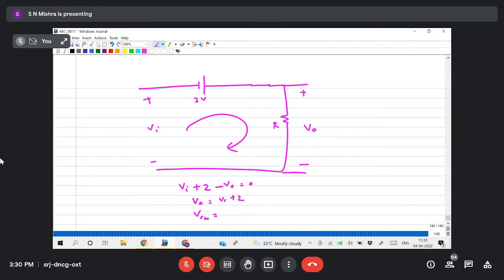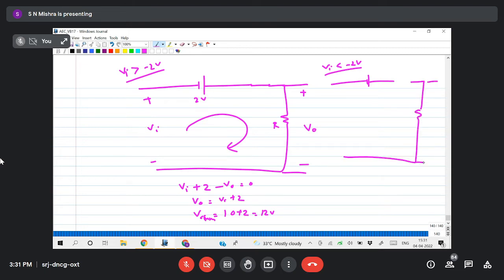So V naught max equals 10 plus 2, that is 12 volt. So this is open: Vi greater than -2 volt is on, Vi less than -2 volt is open. Then current is 0, so V naught will be 0.